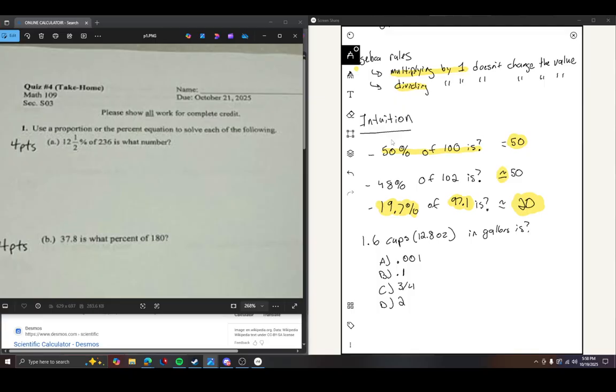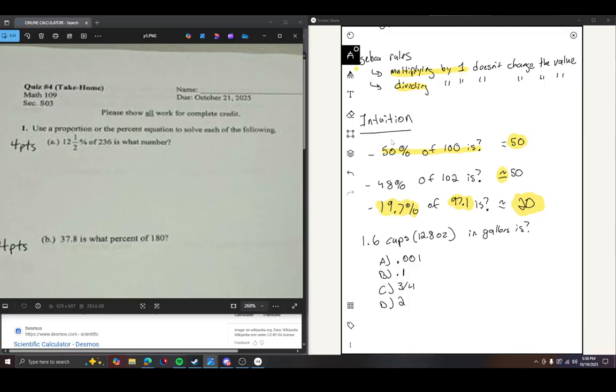But here's another good question, which I'll leave for you. What is 1.6 cups, which is 12.8 ounces, in gallons? So this is another intuition-based thing. If you think about a cup, like a glass cup that you drink water out of, that's about 8 ounces. And we want to convert that to gallons, like a gallon of milk.